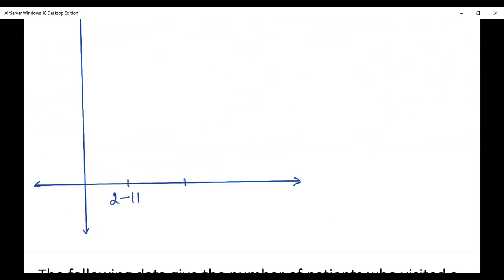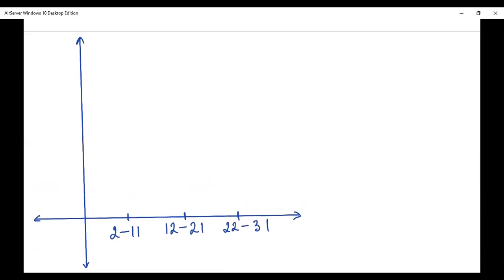The next one is between 12 and 21. And the last one was between 22 and 31. Now, since 14 was the highest, we'll go by 2. 2, 4, 6, 8, 10, 12, and then 14. So this is our frequency here.